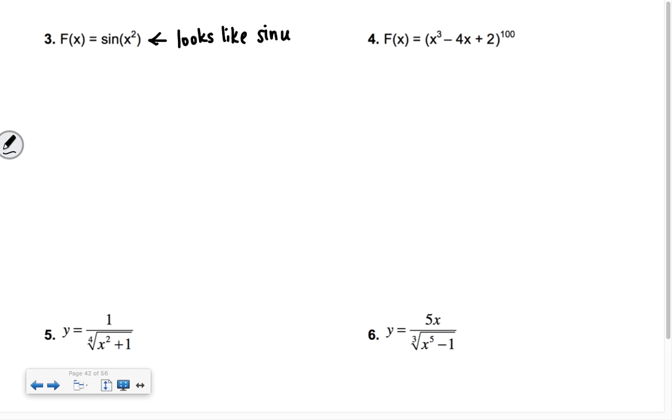I would do cosine of u, and we always tack on the derivative of u, du. So f prime of x: the derivative of sine of u is going to be cosine of u. So I keep that u value the same, and then I multiply by the derivative of the u. So the big thing that people will mess up is this is still just u.